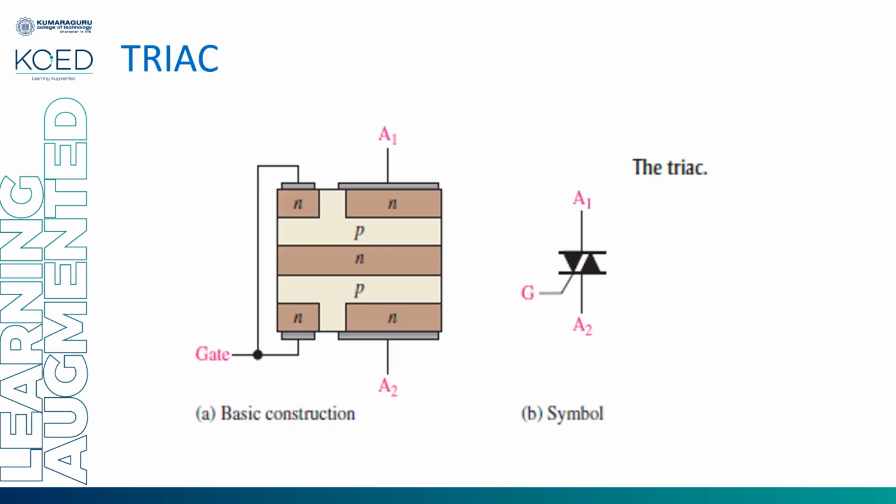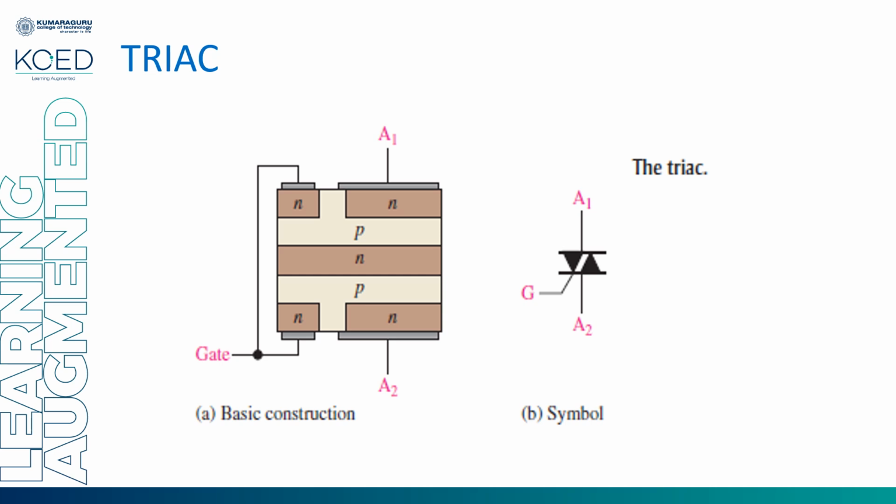Next one is triac. This is the symbol, this is the construction or the basic structure of the device. Just as when we saw the PNPN diode, adding an extra control terminal gives an SCR, similarly adding a control terminal to a diac will give you triac.